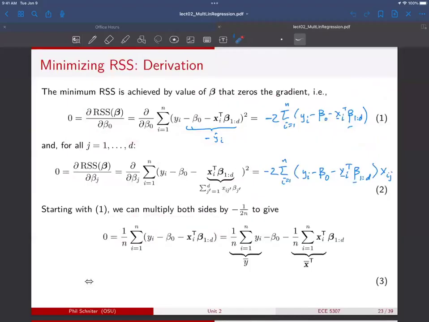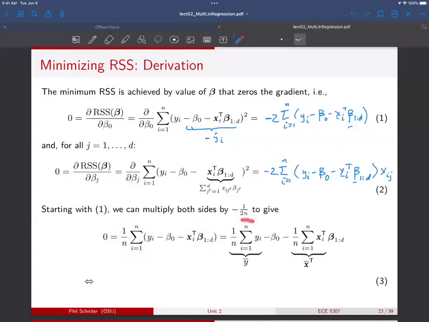So we can now expand this product, and we get this average of the yi, first term, then the average of the minus beta zero, which is just minus beta zero, and then the average of this last term, which is here.